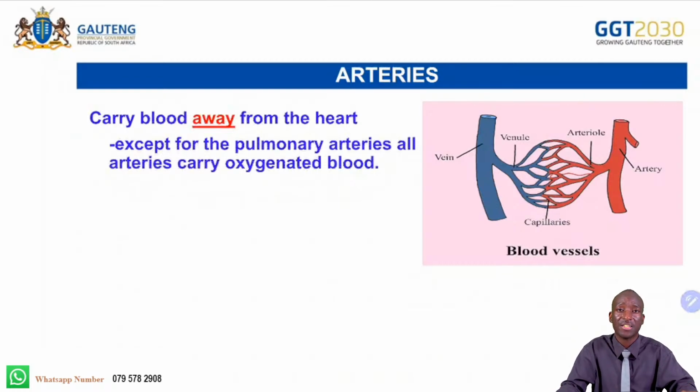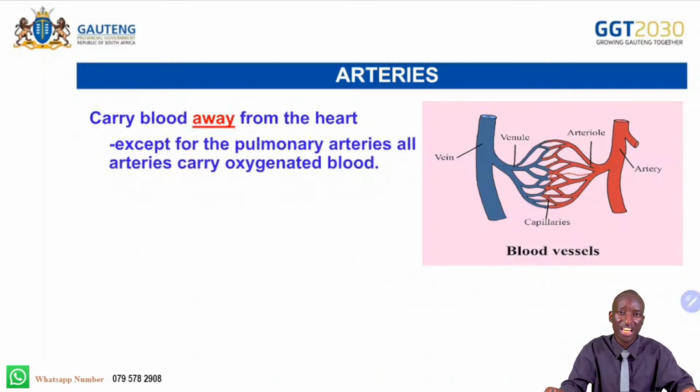Remember that our body cells need to have enough supply of blood and also enough supply of oxygen. Therefore, the arteries make sure that the blood which goes to all the body parts has got oxygen.